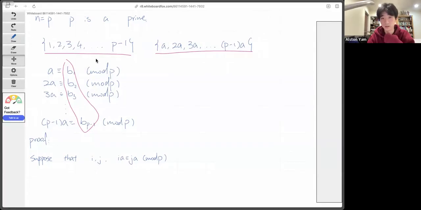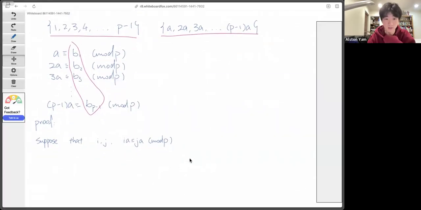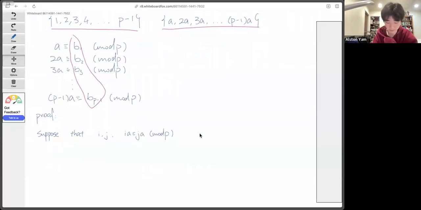Because the other set also has p minus 1 numbers, and they're also all different. So we have a bunch of different numbers in here, exactly p minus 1 of them, and they will make up the set. So if we prove that this cannot happen, then we will be done. Okay, so let's go about and prove that.